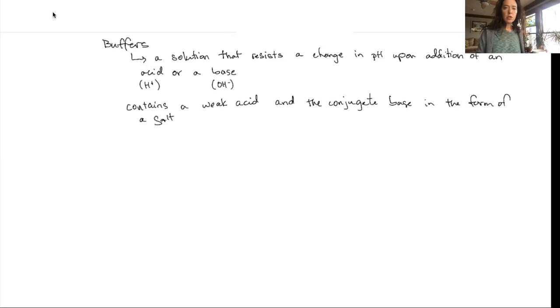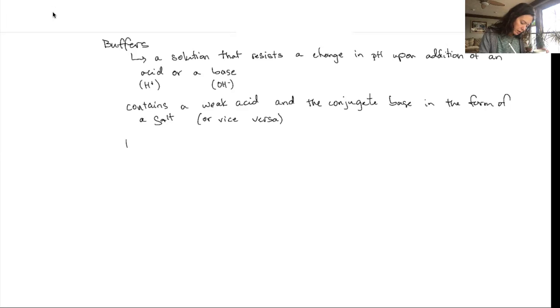Remember, a salt is simply an ionic compound. It could be vice versa, right? But you're usually going to see it this way, but it could be vice versa. Okay, so it's got to be weak.